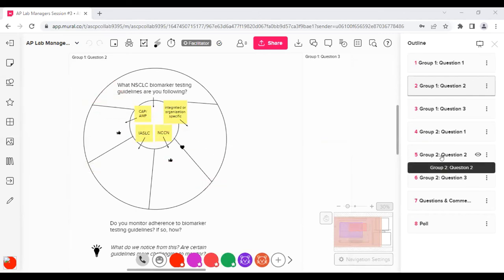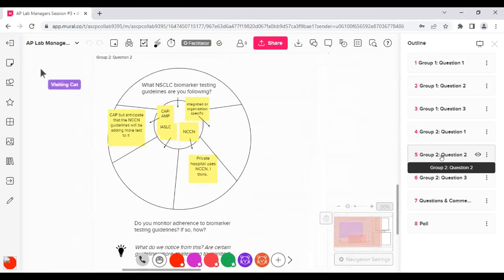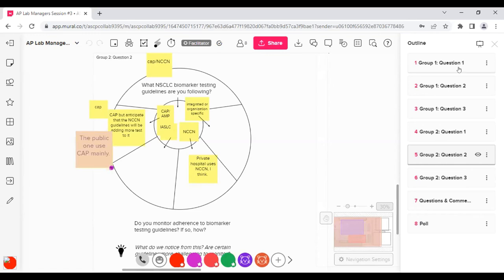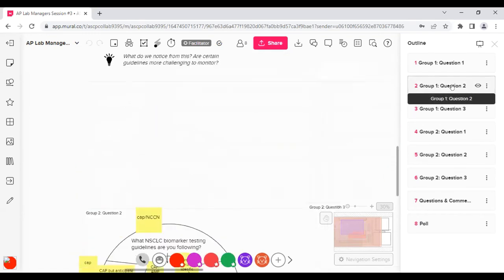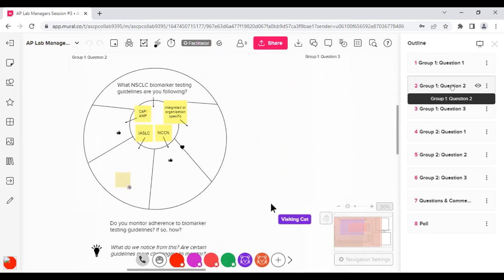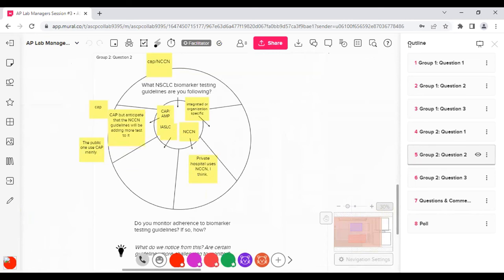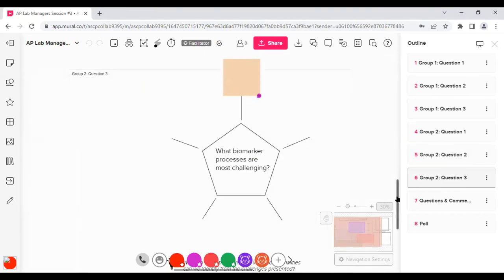Let's see how group 2 is doing. Looks like they're starting to discuss question number 3, and that's what biomarker processes are the most challenging. This is being discussed in the breakout rooms right now.